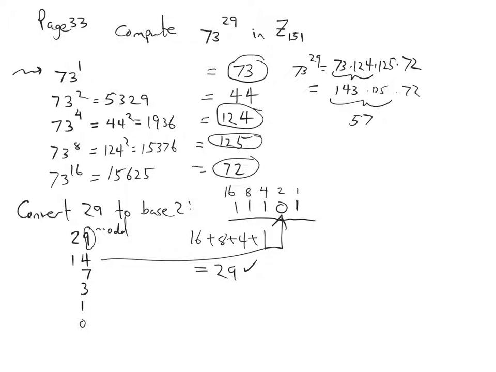Finally we do 57 times 72 divided by 151 minus 27 times 151, and we get the grand answer of 27, which I believe is what we came up with in the notes. So this is not the final algorithm, but it's really close. Let's go to the next page.